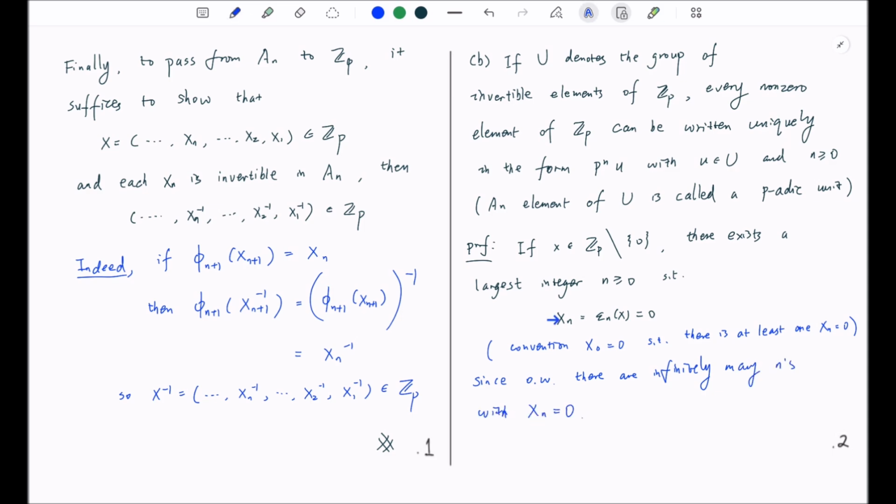Then, by the compatibility of the sequence, we must have x itself equal to 0, because each component of x would become the image of a 0 at some position. So there always is a largest integer such that xn equals 0.